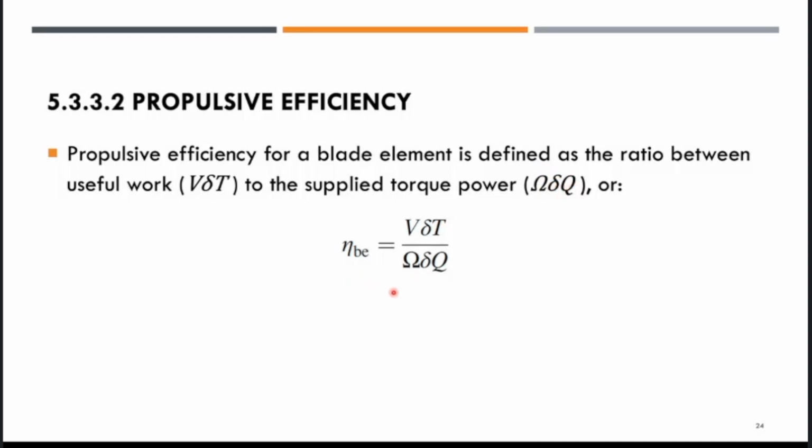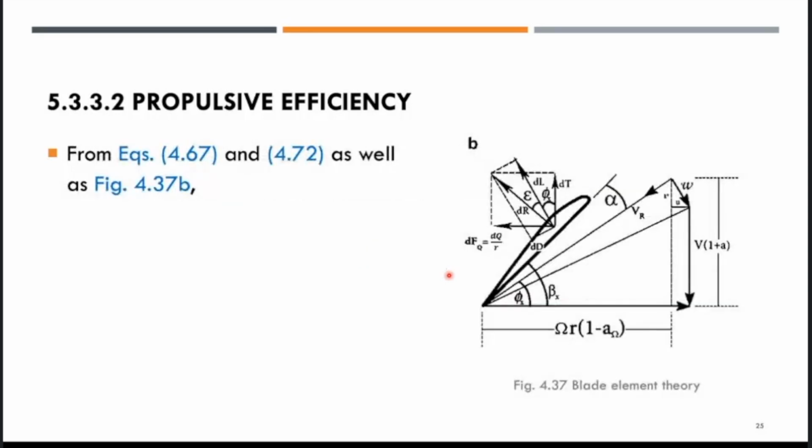Okay, so you can have that propulsive efficiency, zeta BE, basically zeta blade element, in terms of the useful work, V delta T over omega delta Q.